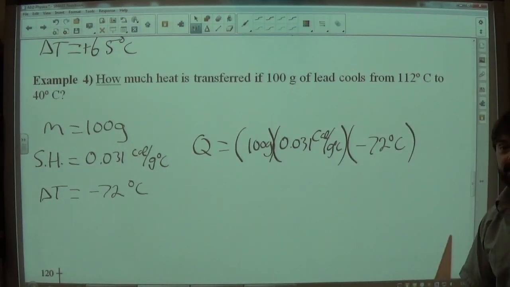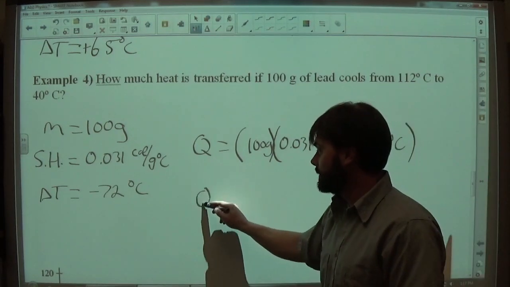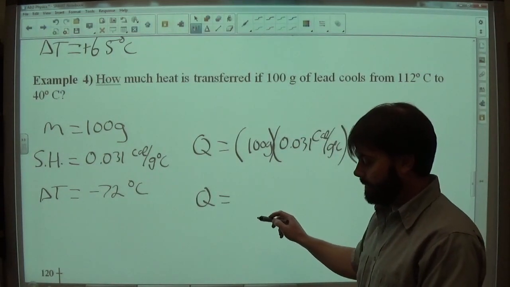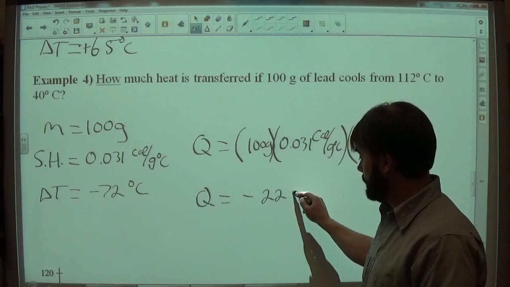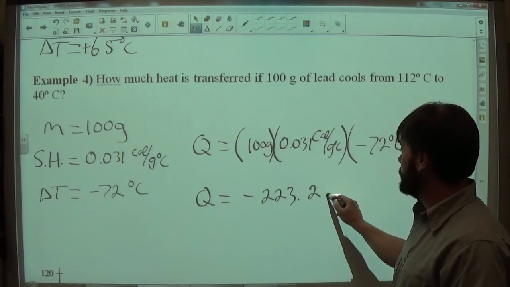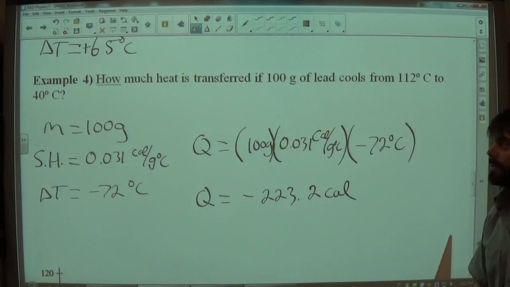The negative side comes into play because when we get a value here, it's going to be heat lost. So it does make sense to say that this is a negative. So I get negative 223.2 calories is how much energy was given off.